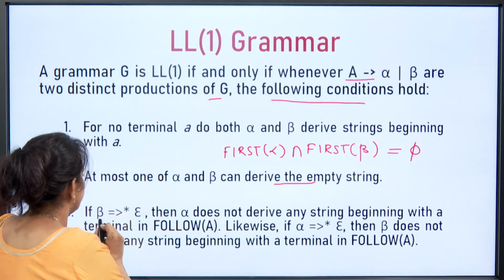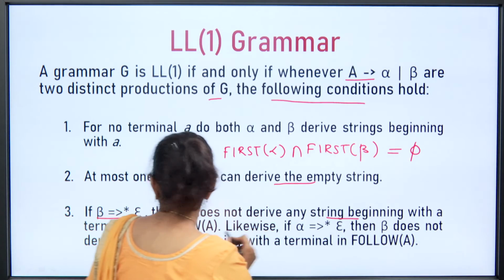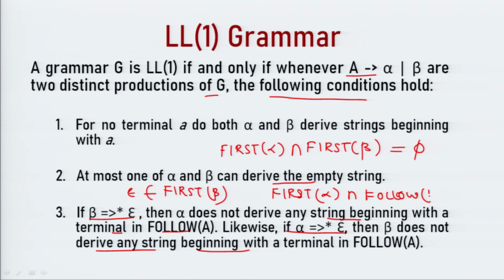Now, the third condition is if beta derives epsilon in 0 or more steps, then alpha does not derive any string beginning with a terminal in follow of A. Likewise, if alpha derives epsilon in 0 or more steps, then beta does not derive any string beginning with a terminal in follow of A. This can be written mathematically: if epsilon belongs to first of beta, then first of alpha intersection follow of A will be equal to phi.